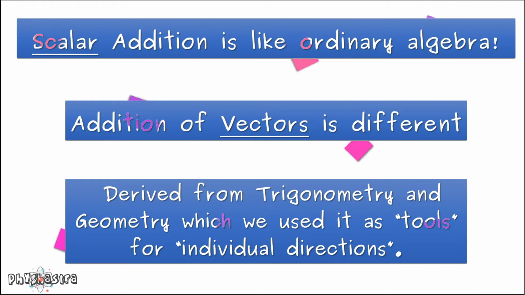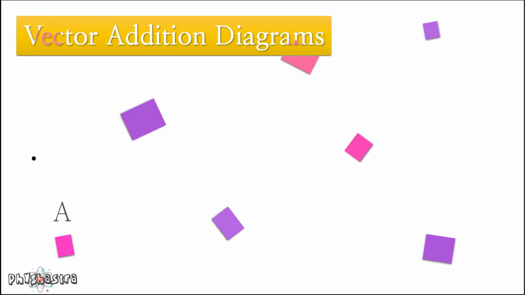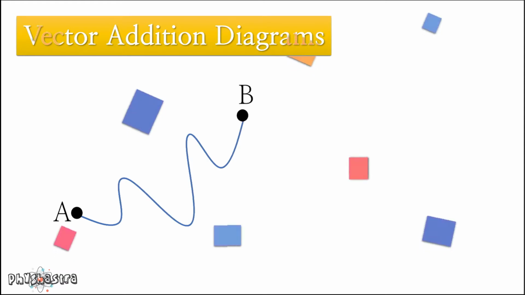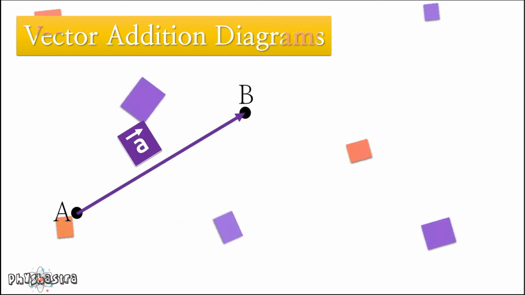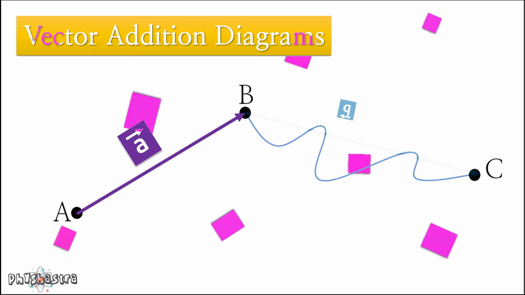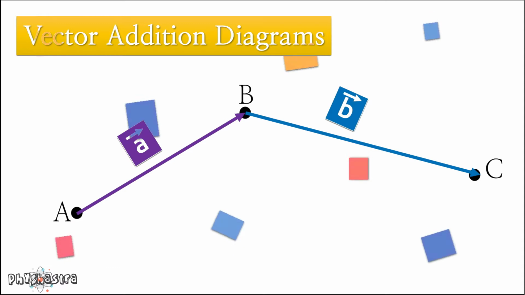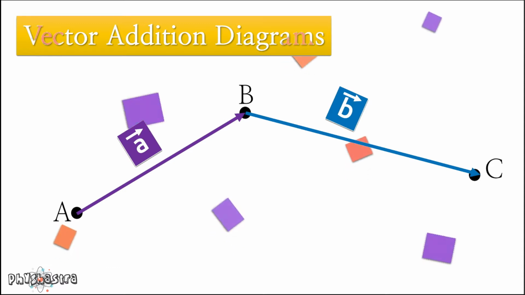But before going further on these mathematical operations, let's first understand the diagrams of vector additions. Consider a person walks from point A to B as vector A, then from B to C as vector B. Since we are dealing with displacement, it will be just the final and initial position.